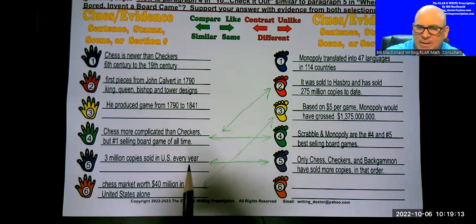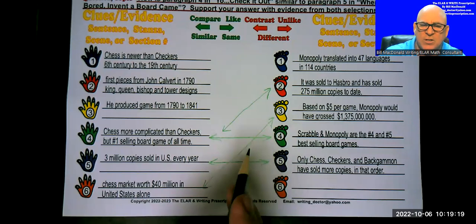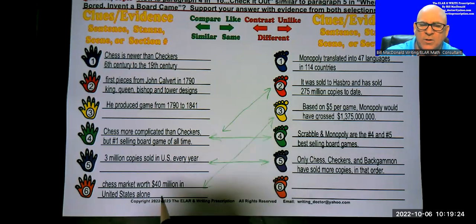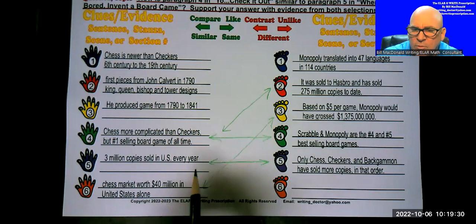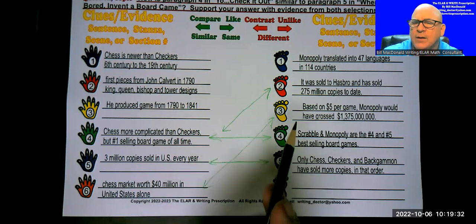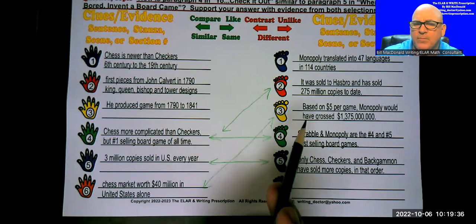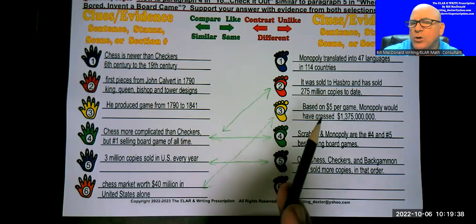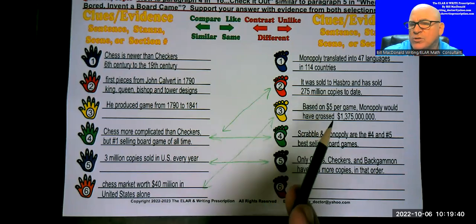And my last connection, where I say, how are they the same? Green: the chess market is worth $40 million in the US alone. That's value. And where did I move to? The yellow: if Monopoly averaged just $5 a game, it would have grossed 1,375,000,000 in sales.